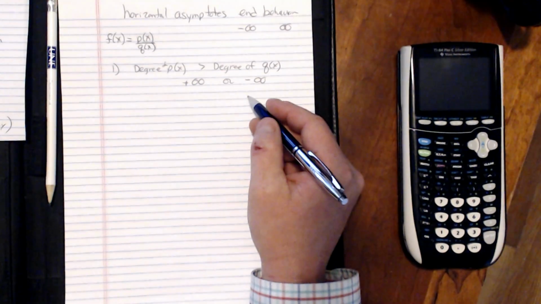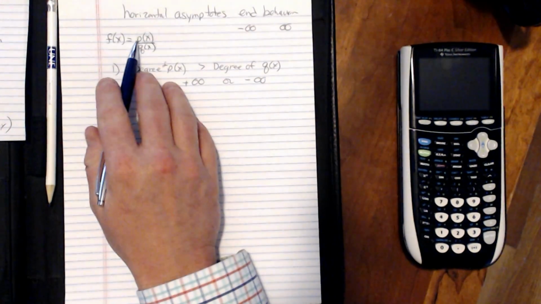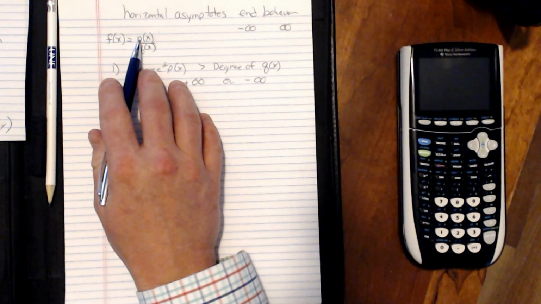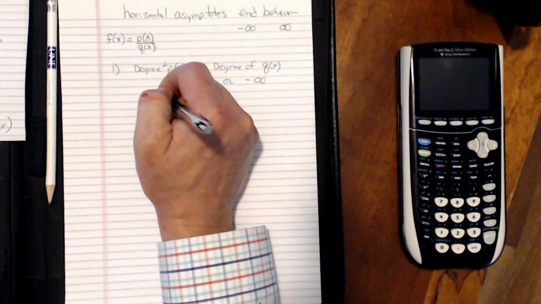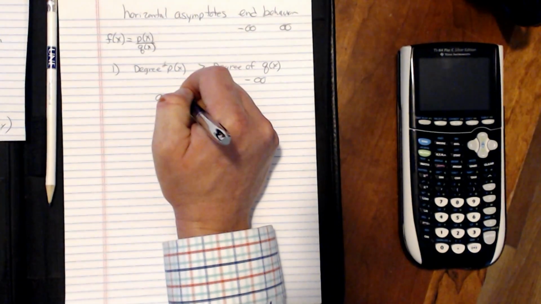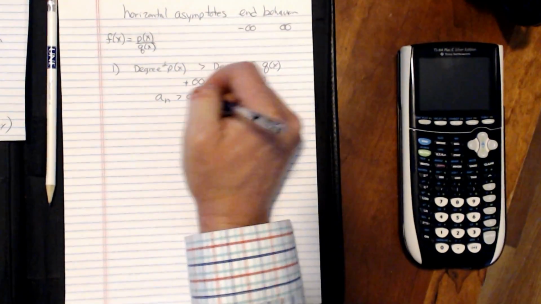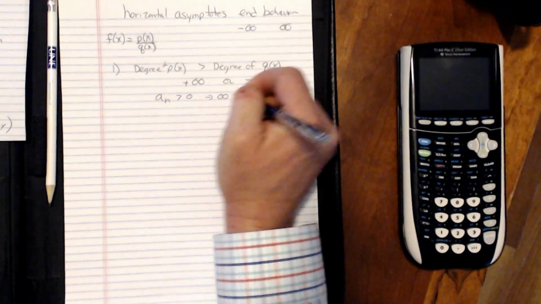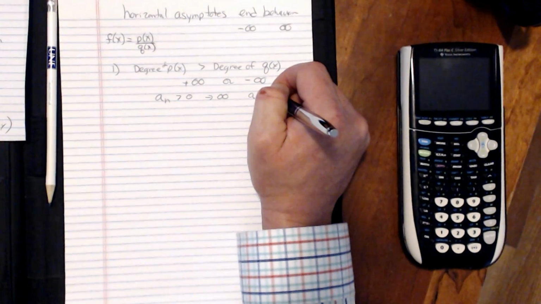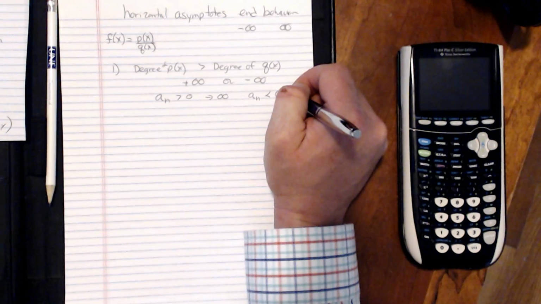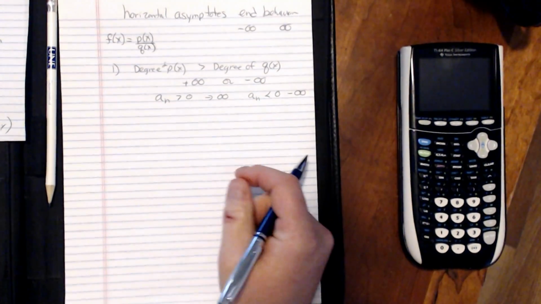And that's going to depend upon the sign of the leading coefficient that I have for p of x. So depending upon a sub n, if it's greater than 0, it's going to go to positive infinity. If a sub n is less than 0, it's going to go to negative infinity.